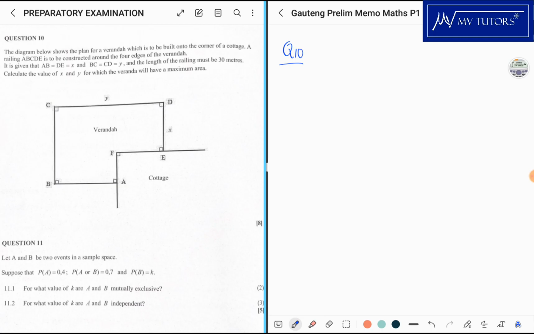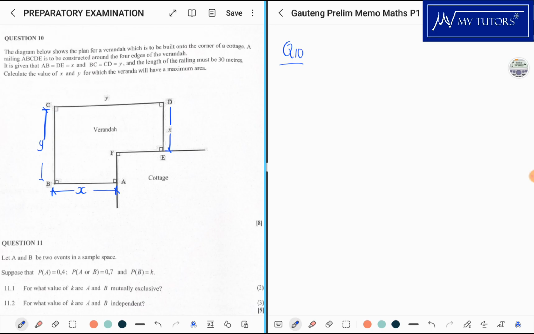It is given that AB is equal to DE, which is equal to X. So this is X, and that is X. And then BC is equal to CD, which is Y. The length of the railing must be 30 meters.